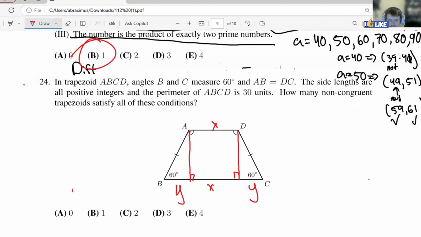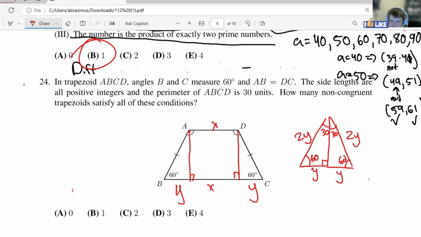I'll tell you about that after this. Now, if we have a 60-degree angle in a right triangle, then the other one is 30. This is actually half of an equilateral triangle. So if this is y and this is y, then this is 2y, and this is 2y.